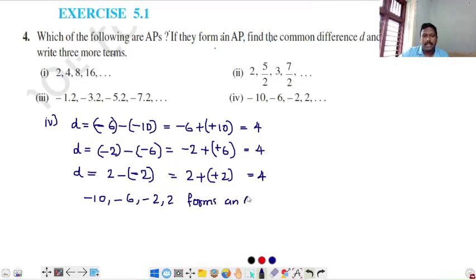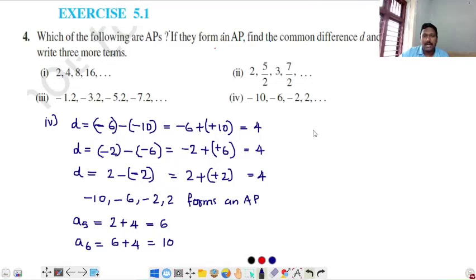Now if it is an AP we have to find the next three terms, that is A5, A6, A7. So A5 is equal to this 2, and with this 2 you have to add the common difference. What is the common difference here? Plus 4. So 2 plus 4 is 6. A6: with A5 you add again the common difference, so 6 plus 4 is 10.